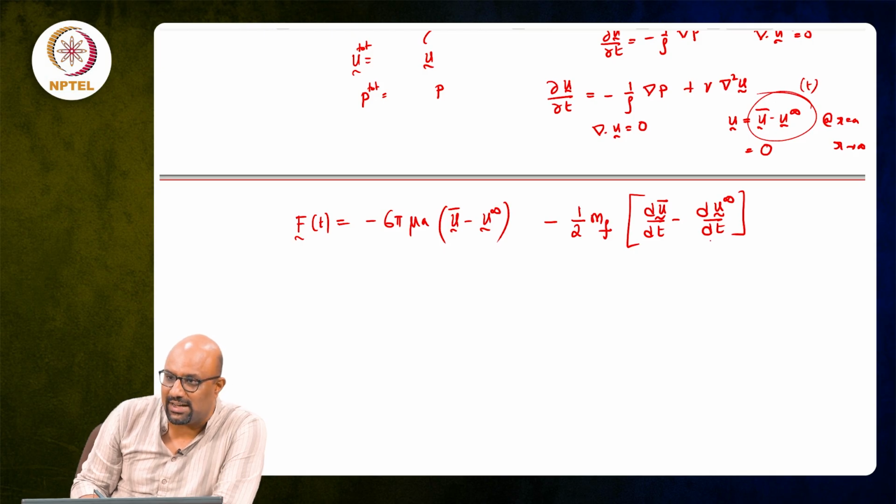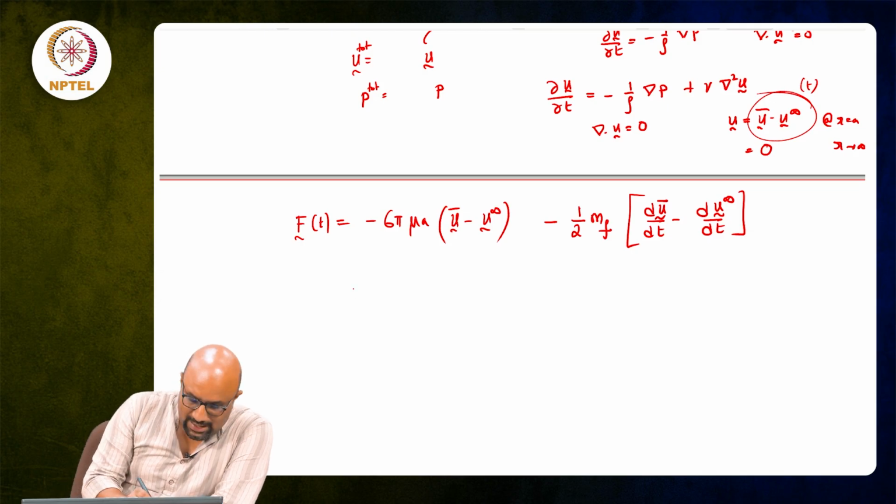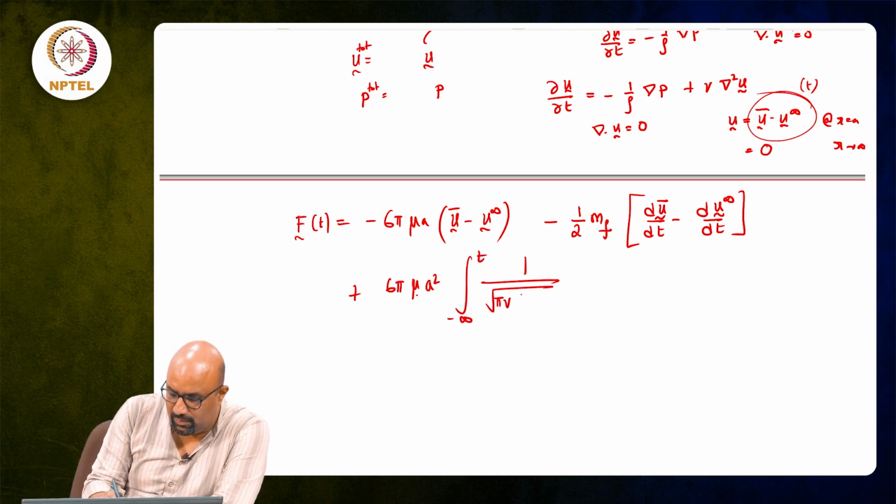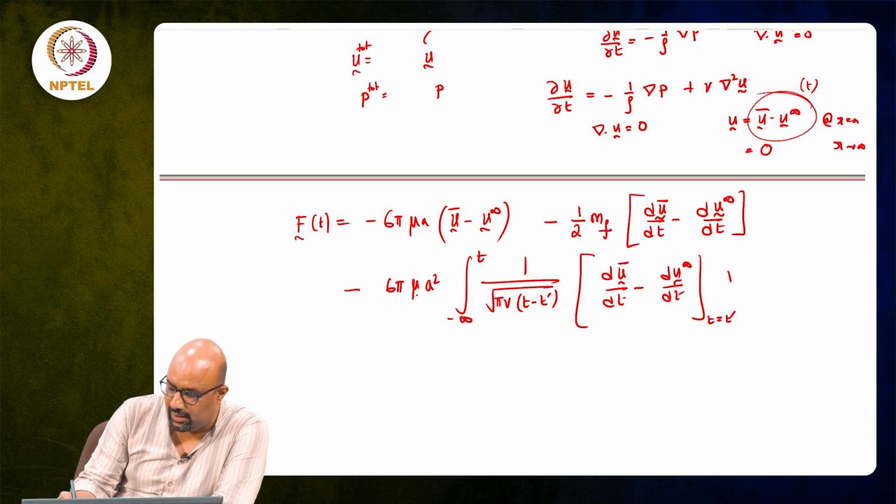So, it is the relative acceleration, that is what the added mass term would be. And then you have your history term, with mu a square, minus infinity to t, 1 over square root of pi nu (t minus t prime), all of this evaluated at t prime dt prime.